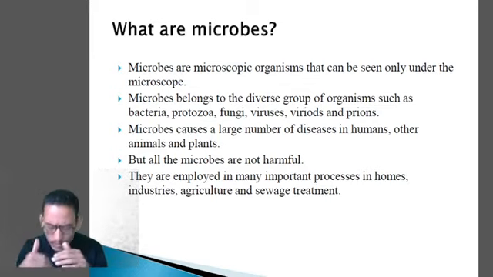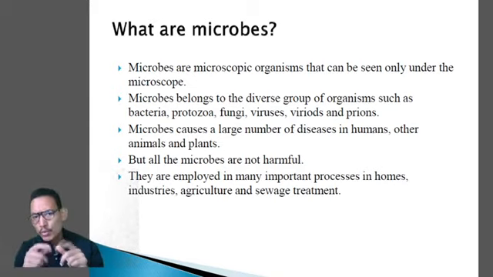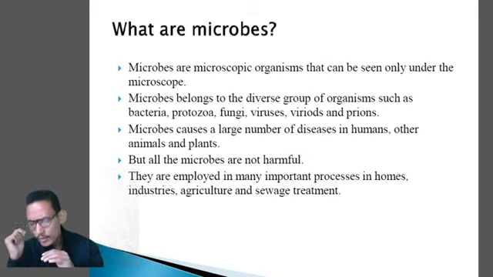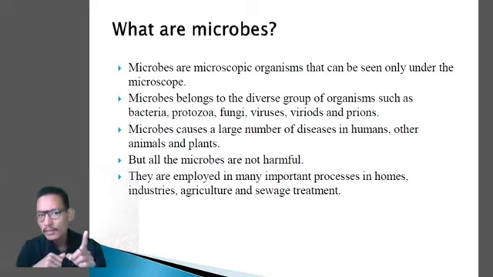Now in this chapter, since we are dealing with microbes and their benefit or usefulness for mankind, you have to remember the names of the microbes. This is very important. You have to remember the scientific name of the microbes, the products that are obtained from them, and their uses.